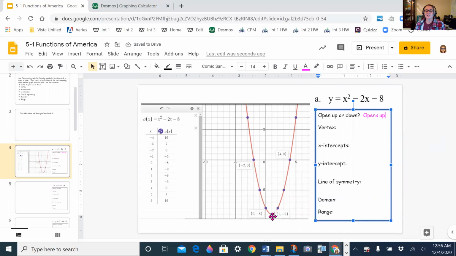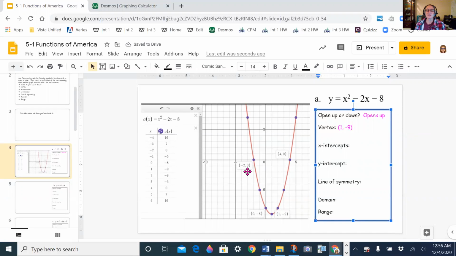And then my vertex, that was the one down here. So my vertex was 1, -9. Oops. I'm going to have to pick it every time. So you don't necessarily have to do this. I'm just trying to get it to pop off the page a little better. 1, -9.